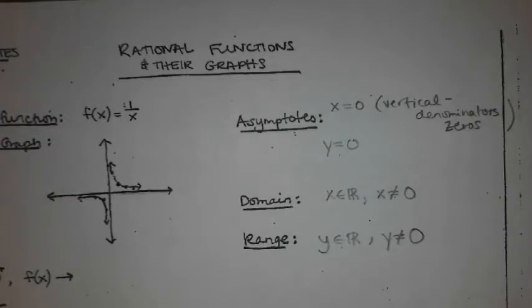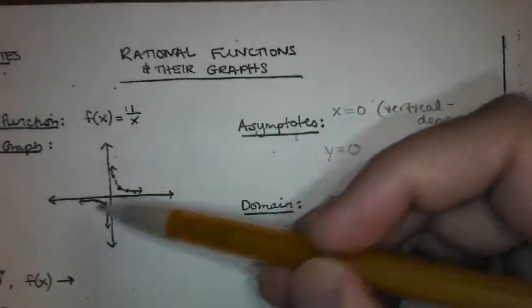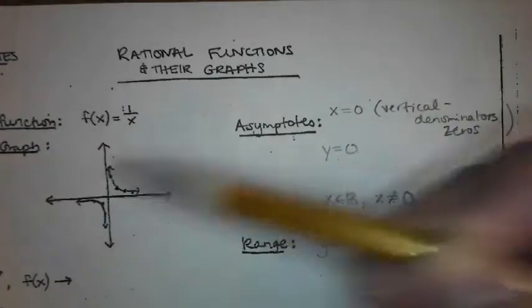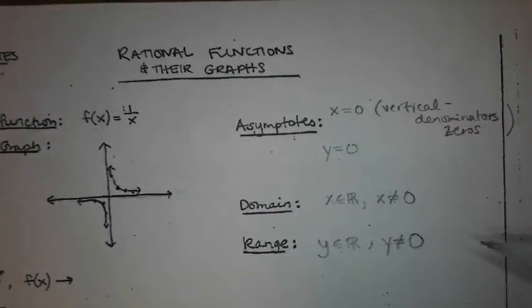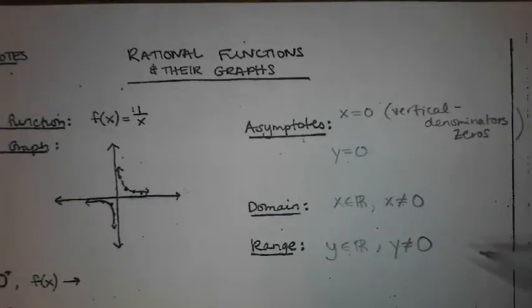What's that? Not always. You have y's that are greater than 0, but you also have y's that are less than 0. So it's all real numbers except for 0. Does that answer your question? Okay.